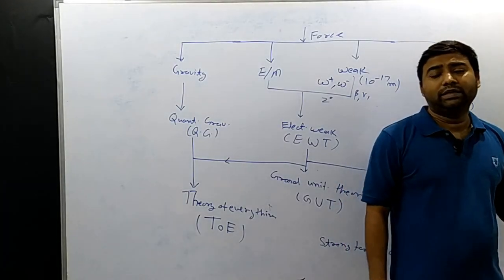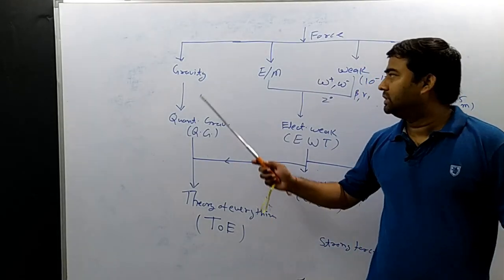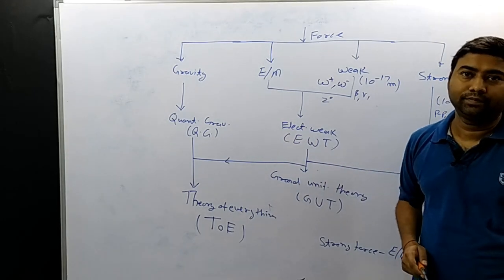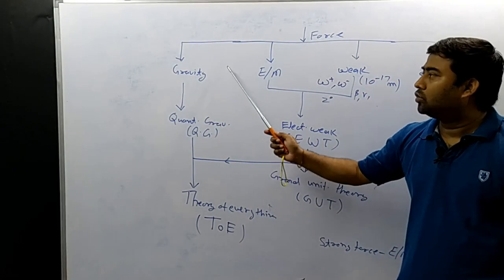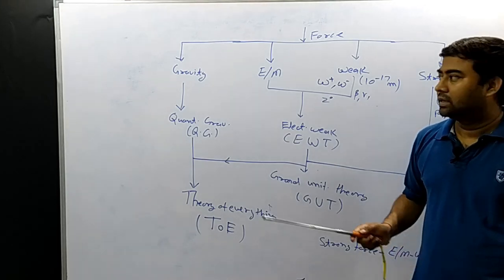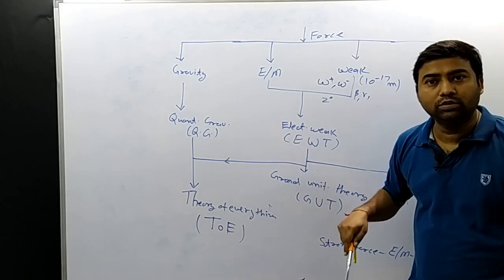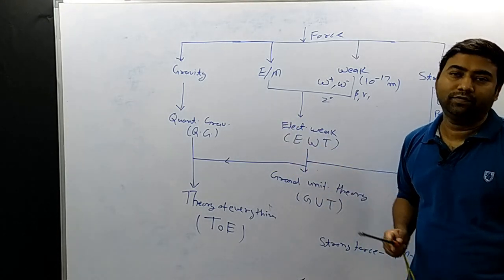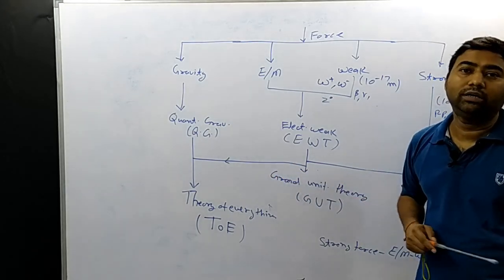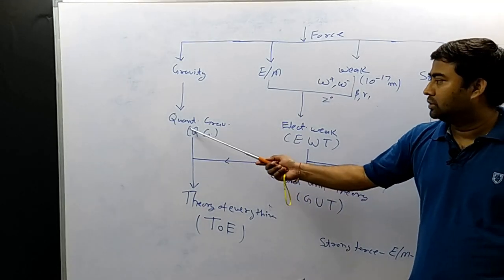And attempts are being made to quantize the gravitational field. After quantization of the gravitational field, a new theory will be used to explain gravity, which will be called quantum gravity, QG.